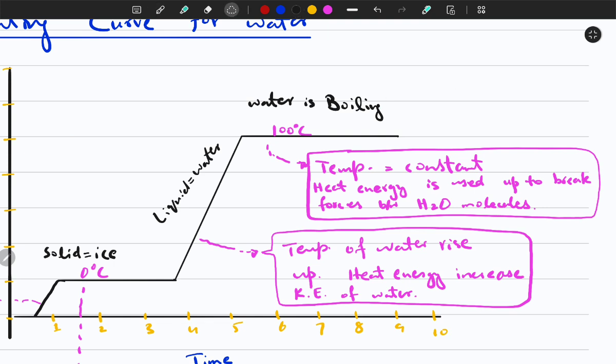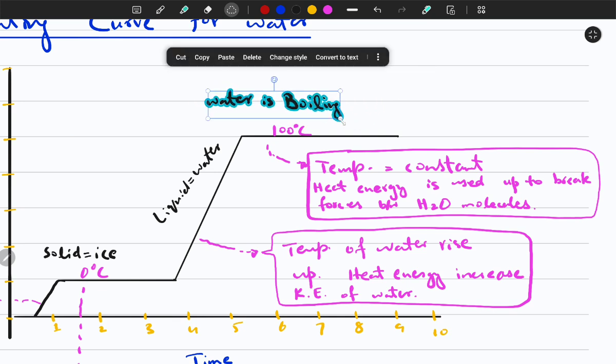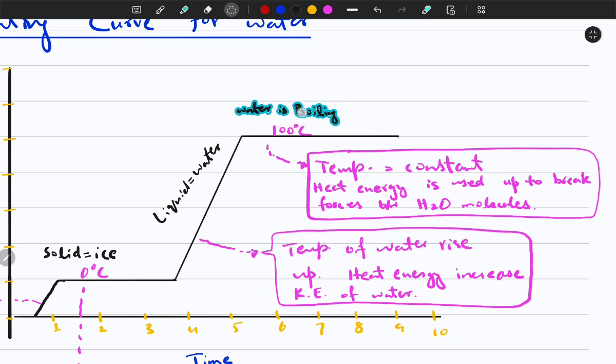Water is boiling at this stage, right? But if you keep heating it and all the water has been changed into vapors, then the temperature will start rising again. But at this point, there is no water. There's only gas phase. Okay, only gas, only vapors, right?